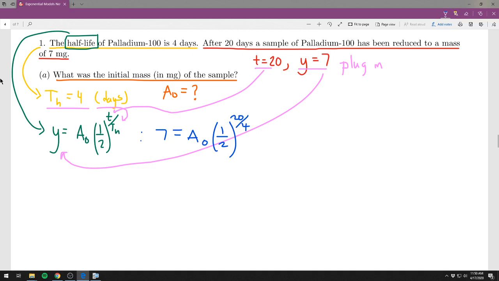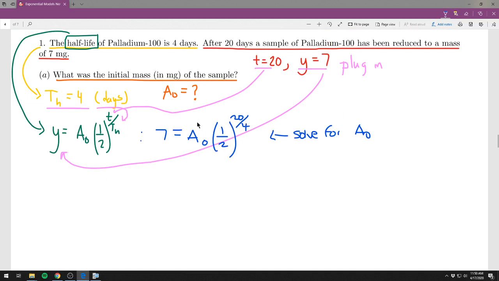And you'll notice both the times are in days. So that works out. All right, and now you just want to solve for A0. And you want to go about doing that.